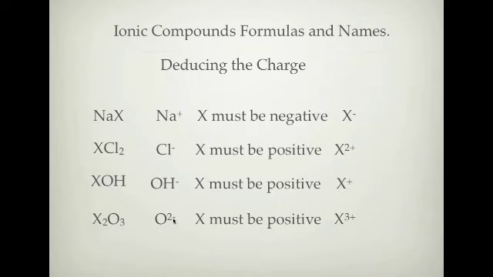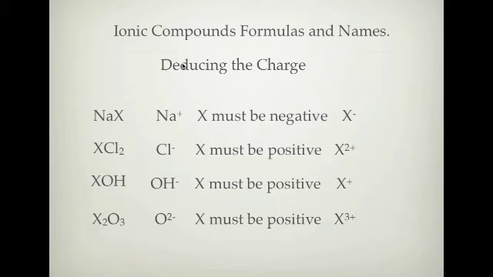That makes 6 negative. That must mean each X must be 3 positive because we need 2 of those, which will make 6 positive as well. So overall, we have 6 negative on the oxygen and 6 positive on the X, because that's how the total charge on each of these positives and negatives balances.